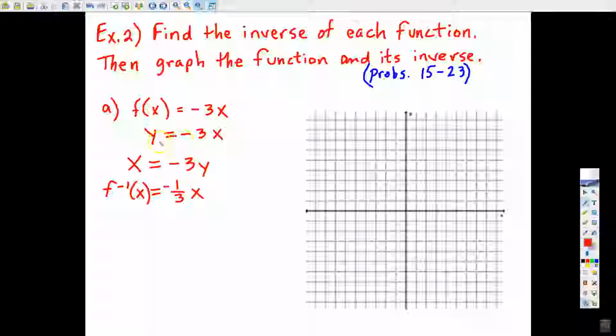Okay, so let's start with, we'll call this the original. This is the one that we were given. y equals -3x, so that has a y-intercept of 0 and a slope of -3. And just do your best to draw a straight line through those points.